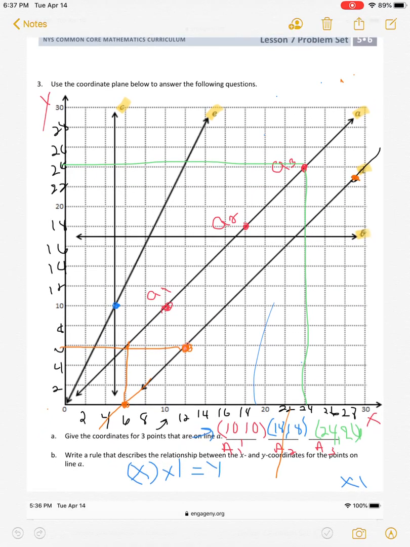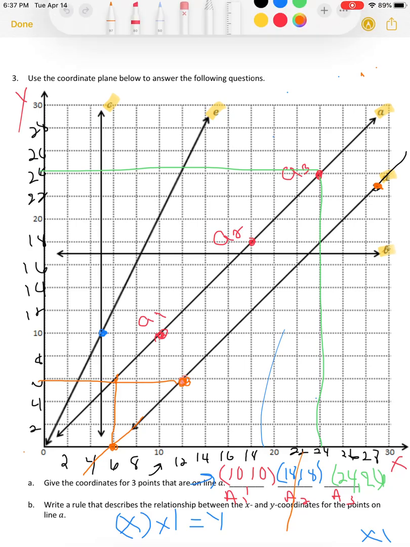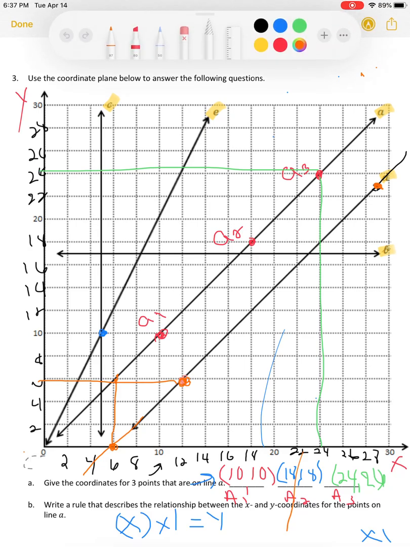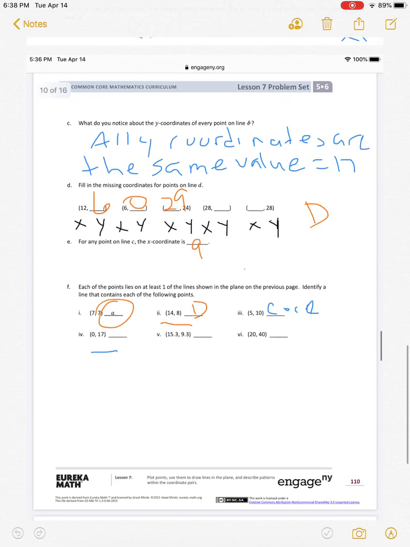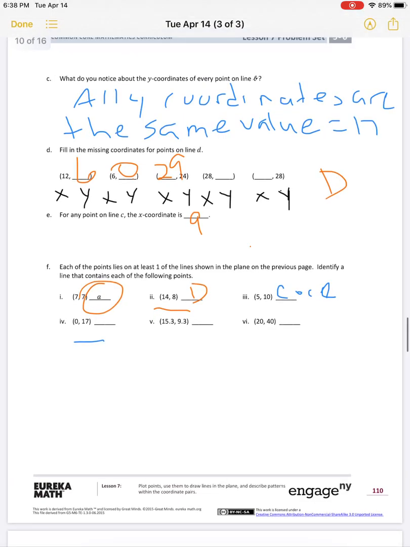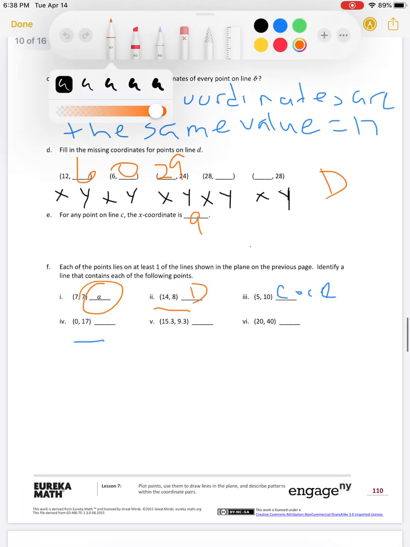Grab a tool. 0 for x is here, and 17 for y would be in between 16 and 18. If you extend line B out, line B would sit on those particular coordinates. So the answer there would be B. Let's go back to the page, and I'll write in B for here.